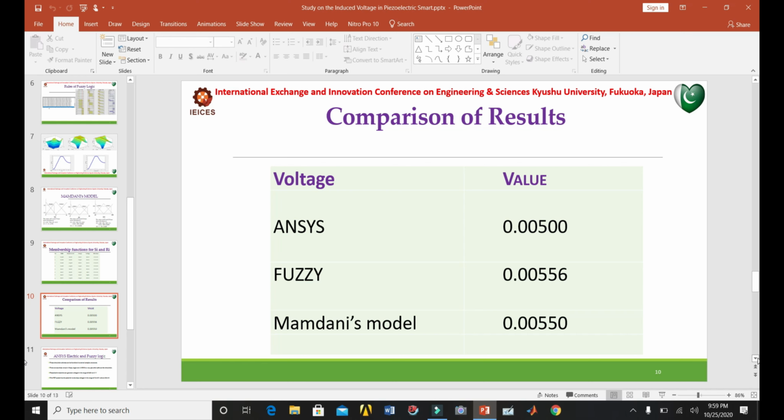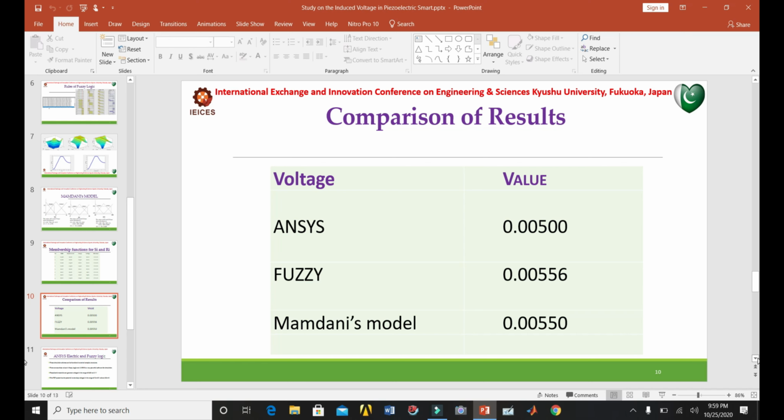So here is the comparison of the results. You can clearly see that the ANSYS value is 0.005 volts, fuzzy is 0.00556, and Mamdani's model is 0.0055. So ANSYS electric and fuzzy logic simulations can be functional to control complex structures like PZT material.